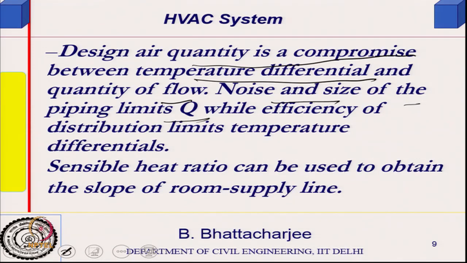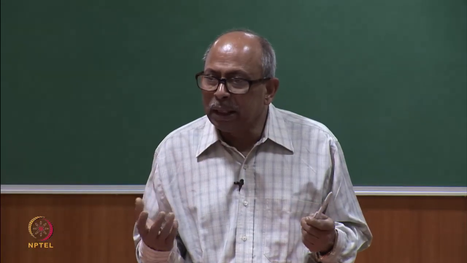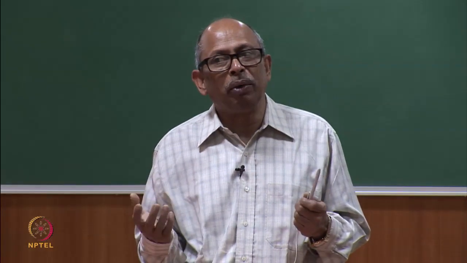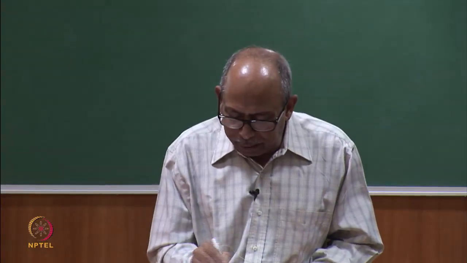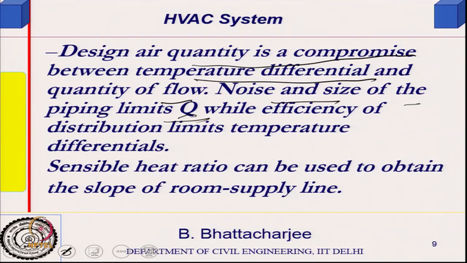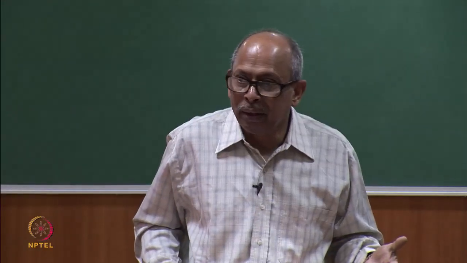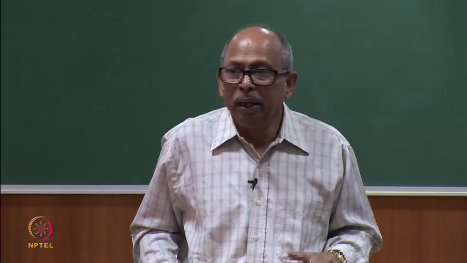Quantity of flow, because if you want to increase Q, either size you will have to increase or velocity you will have to increase. So therefore, noise and size of piping restricts Q, limits Q, while efficiency of distribution limits temperature differential, right? Efficiency of the distribution means insulation required. Losses should be higher.